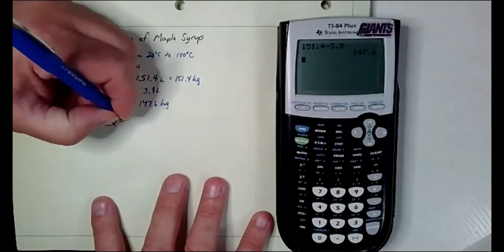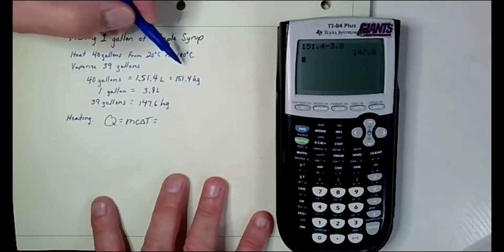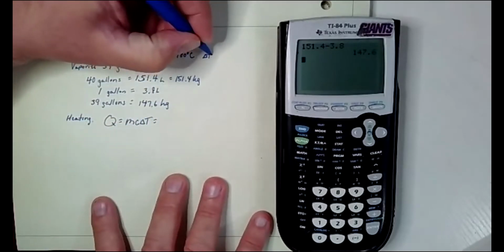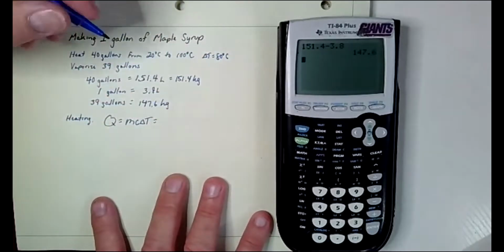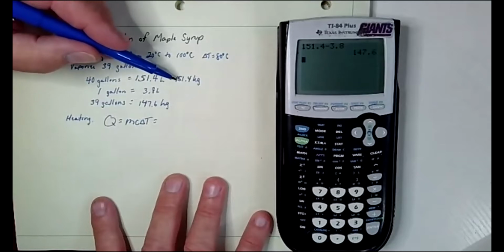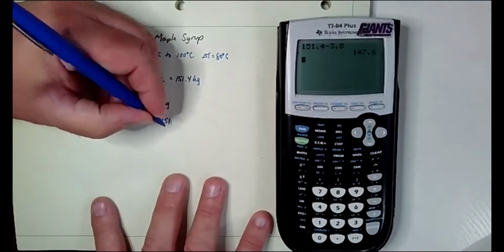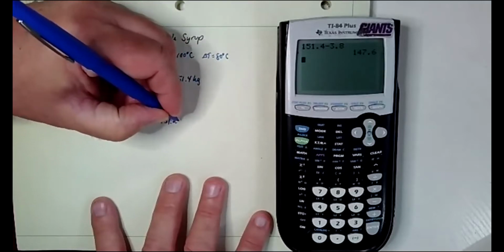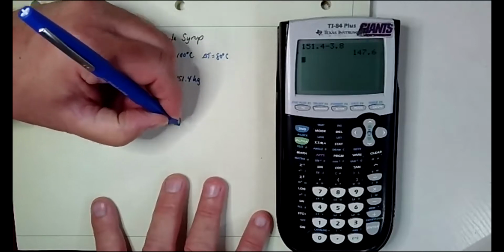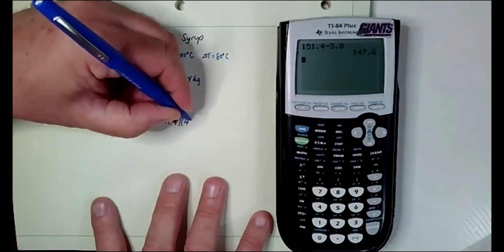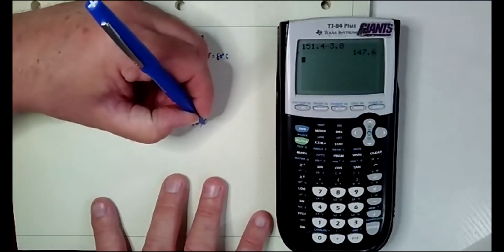So let's do heat first. Q is equal to MC delta T. So the delta T is going to be 80 degrees. Right, so I'm going to be heating up 151.4 kilograms, and 4,186 joules per kilogram.